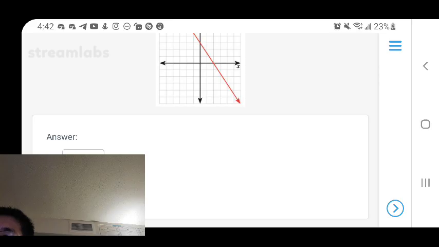Did I write the answer wrong in fractions? Do you want me to put 1 and 1/2? One and 1/2 x plus y is 3.